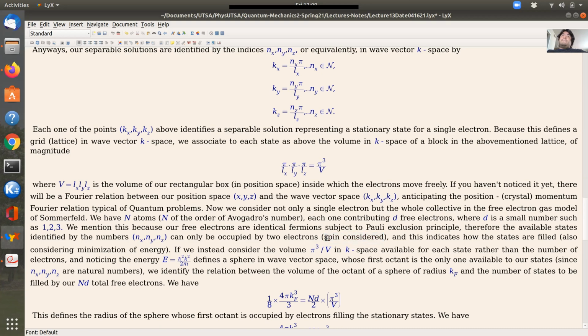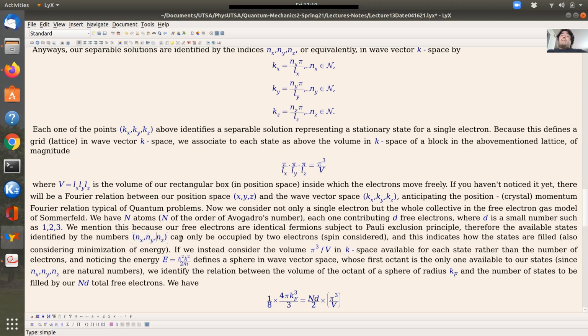The hand-wavy way is to say, well, one of the electrons is spin up, the other is spin down, but the spatial part is basically the same for those two. So this is important because this indicates how the states are filled. Basically, each state defined by these quantum numbers is filled by two electrons. And then you also have to consider, in addition to the Pauli exclusion principle, minimization of energy. So basically, we're going to fill the lowest energies, each one of these states with a given energy going from the lowest, putting two electrons in each one of the cases.